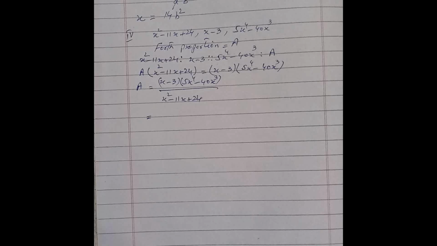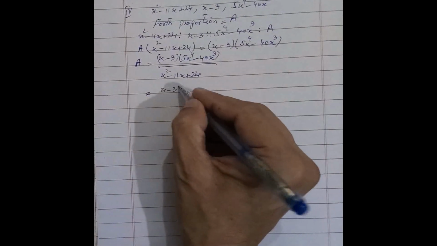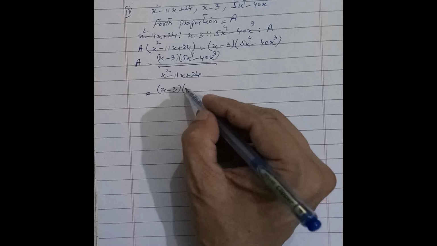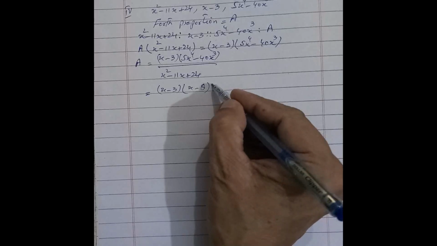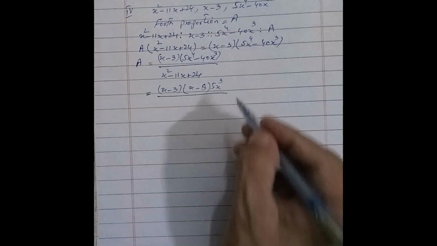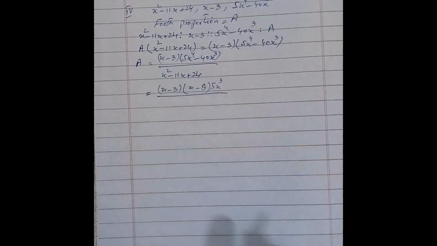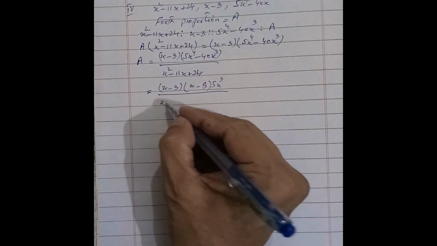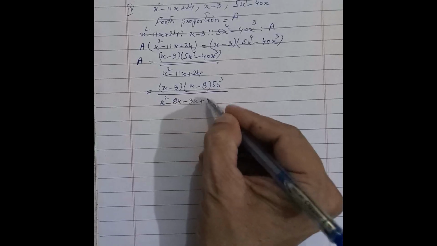Now we simplify the values, we get x minus 3, we take common 5x3, the remaining is x minus 8 and common is 5x3 over, and we factorize the denominator x square minus 11x plus 24, which is x square minus 8x minus 3x plus 24.